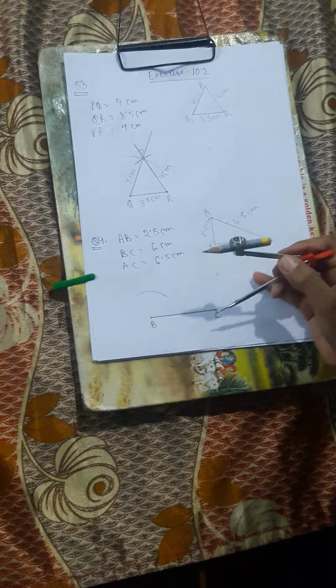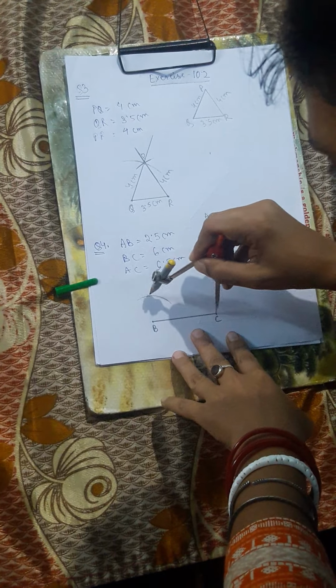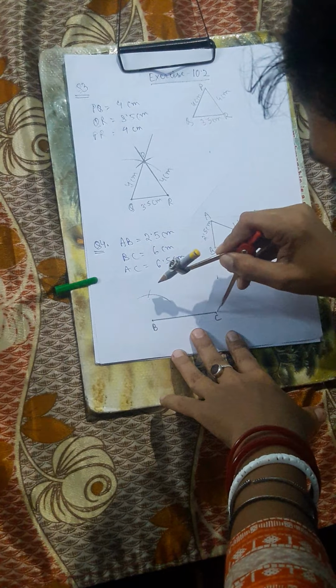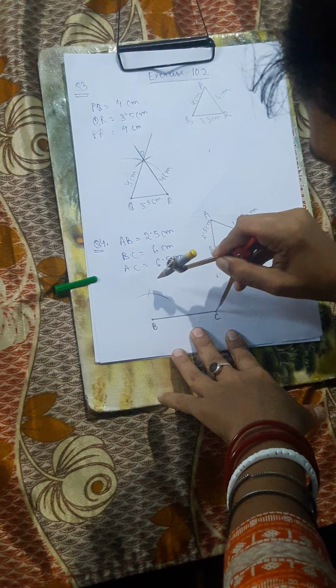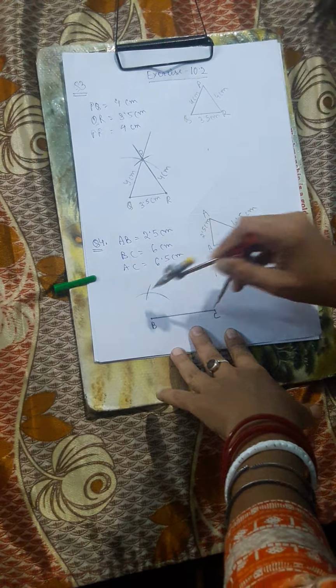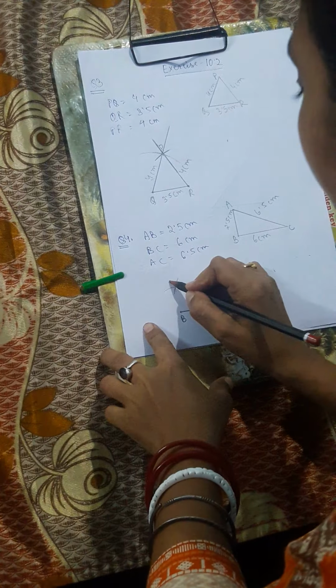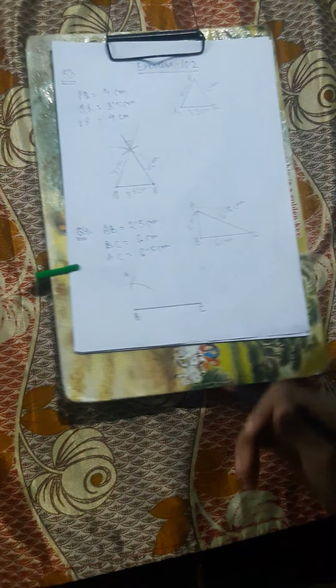Now that is AC, that means from C I will take it. I am going in search of A. The intersection point where I have got, that will be A. Yes, I have got one intersection of these two arcs. Let's name that intersection as A.